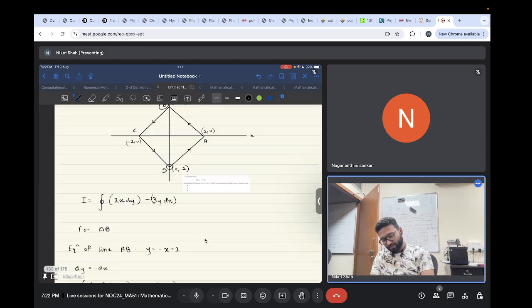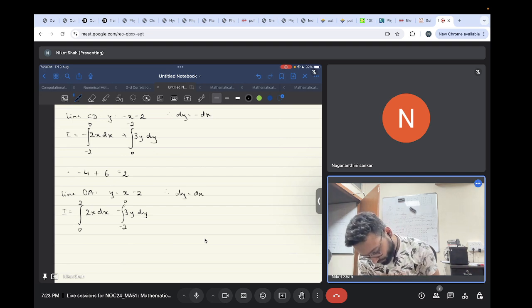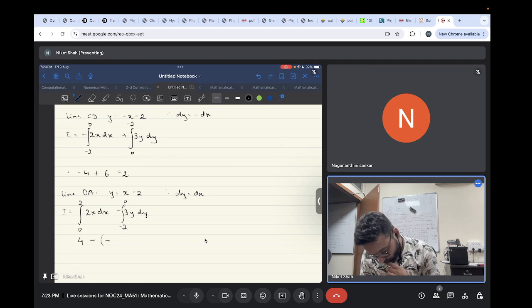The limit of x becomes from D to A, 0 to 2, and y limit becomes minus 2 to 0, minus 3y dy integral minus 2 to 0. So again x square, this gives me 4 here, minus, so there's a minus sign here outside. I'm making some small stupid mistakes. 4 minus minus 6, even this becomes equal to 10.